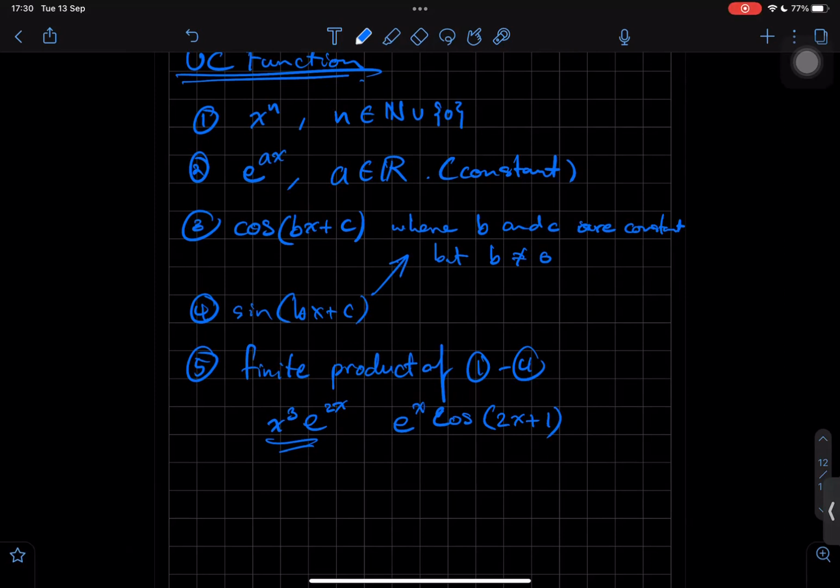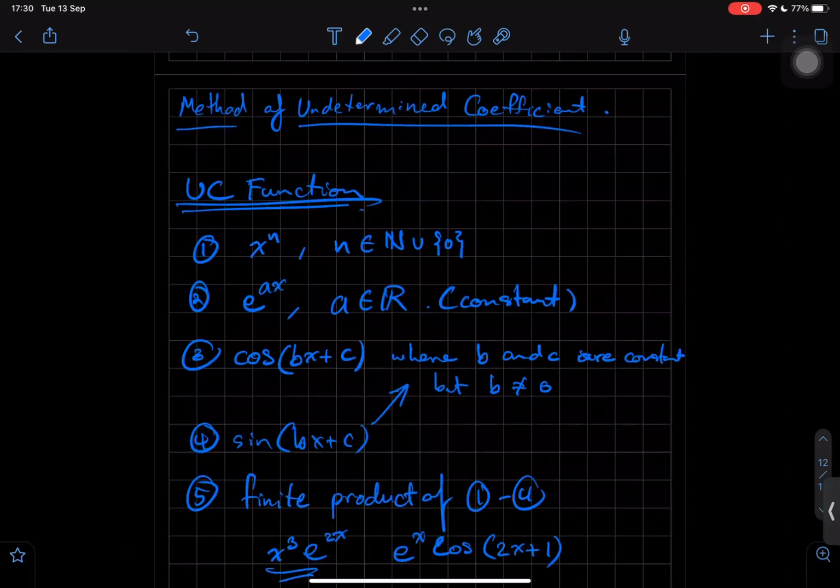And if you already know the UC function, you can use the method of undetermined coefficient if g(x) is a UC function.